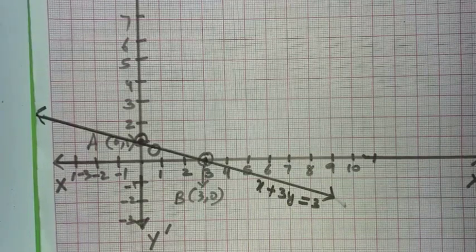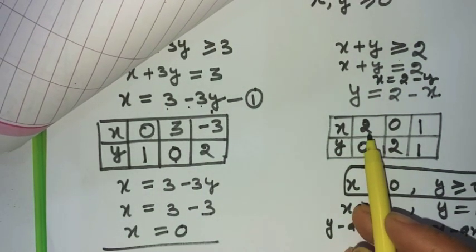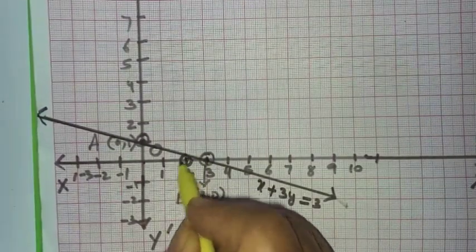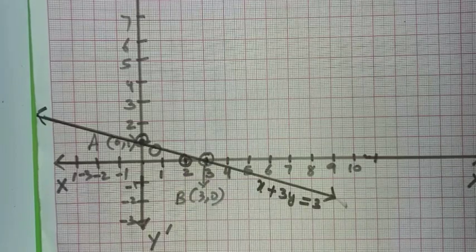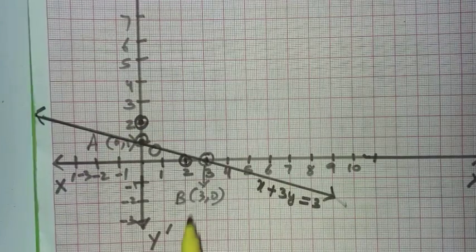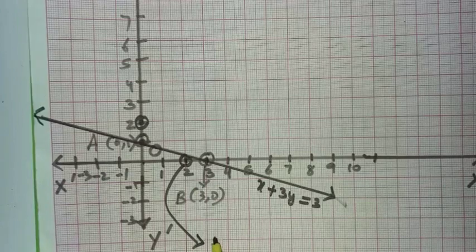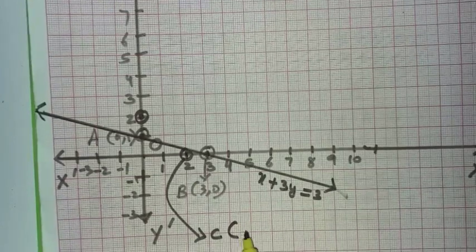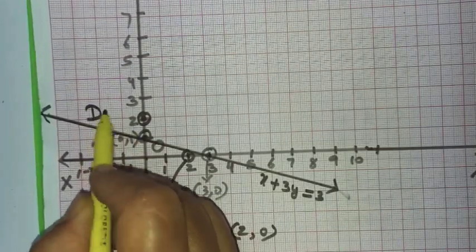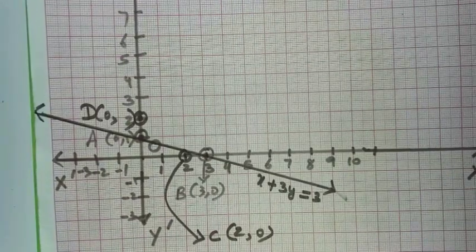Now next is the other line. Let us plot the other line. The other line has got this table and the first coordinate is 2, 0. 2, 0 you can see is this point. So let us encircle it, and then 0, 2, this is this point, let us also encircle it. This point 2, 0, I put an arrow here and let me take it as C and I mark it 2, 0, and this point 0, 2 I take it as D and mark it as 0, 2.